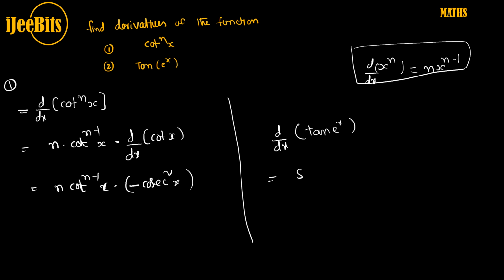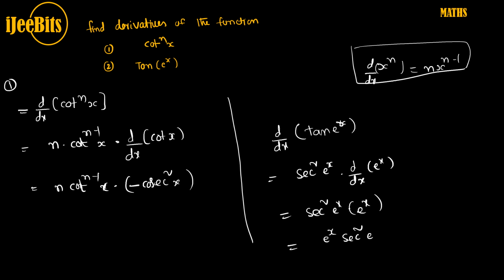So this becomes sec squared e^x. Correct? Because this is not an x, you have to differentiate that portion e^x. So sec squared e^x into the differentiation of e^x, which is e^x only. So the answer would be e^x sec squared e^x.